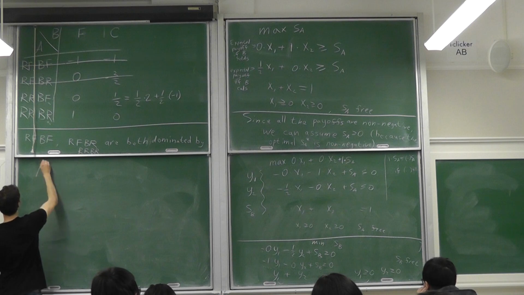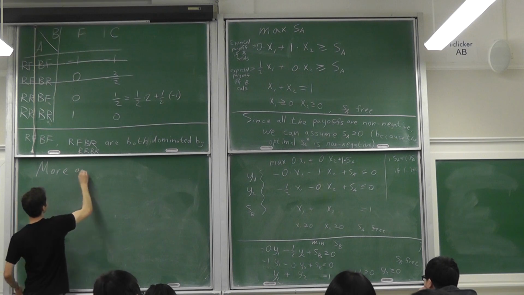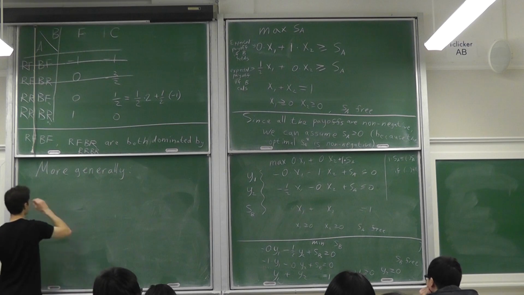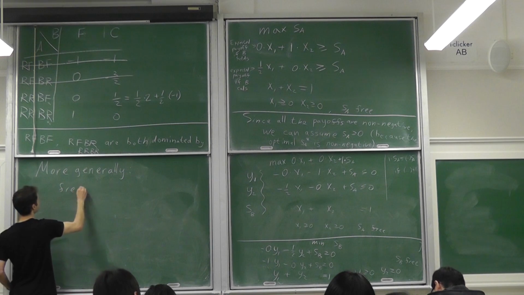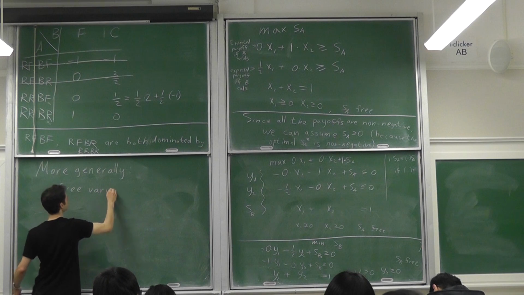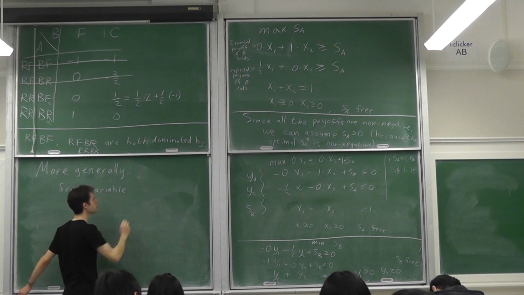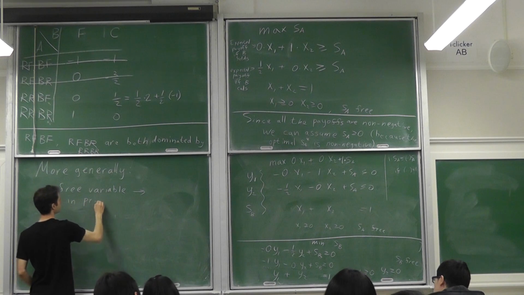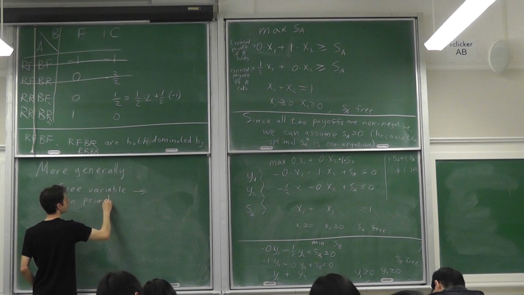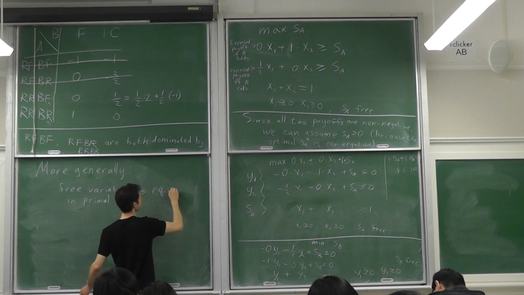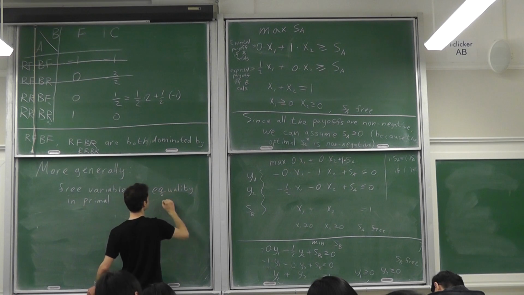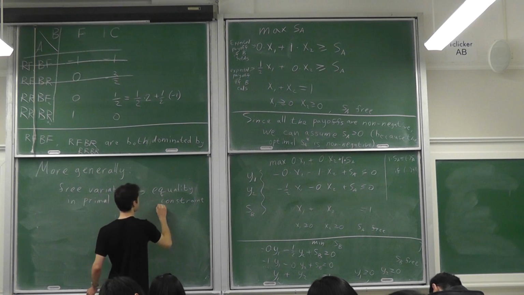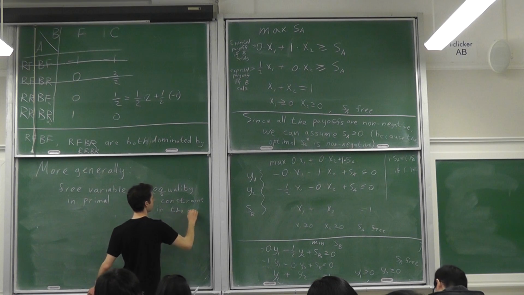So more generally, if you have a free variable in the primal problem, you get an equality constraint in the dual.